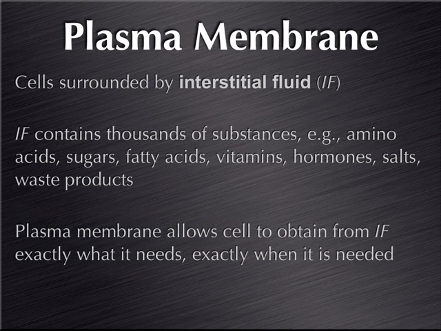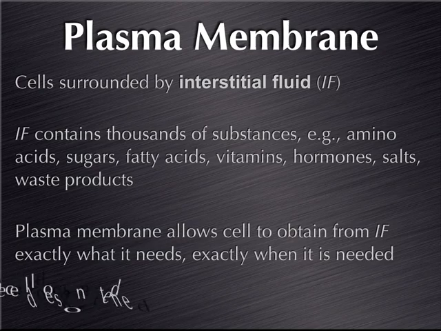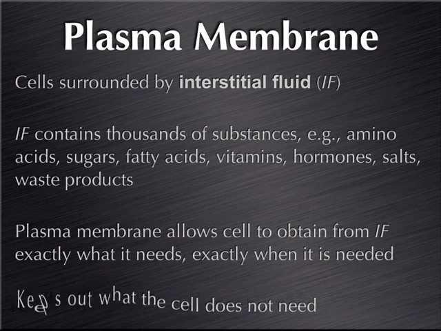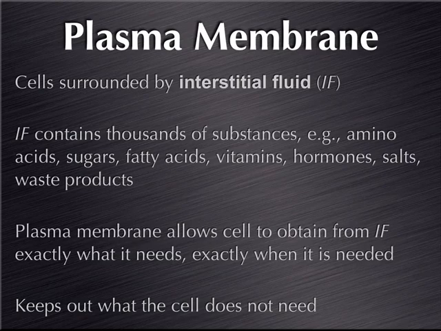I'll probably show you this same slide again on the next video, but we have now finished describing the plasma membrane, and we realize that its ultimate job is to keep things either in the cell that belong or out of the cell that don't. And in the next video, we'll look at exactly how that happens.